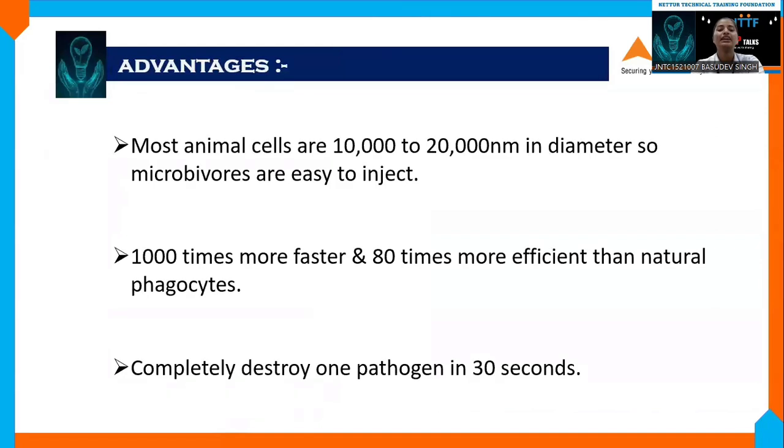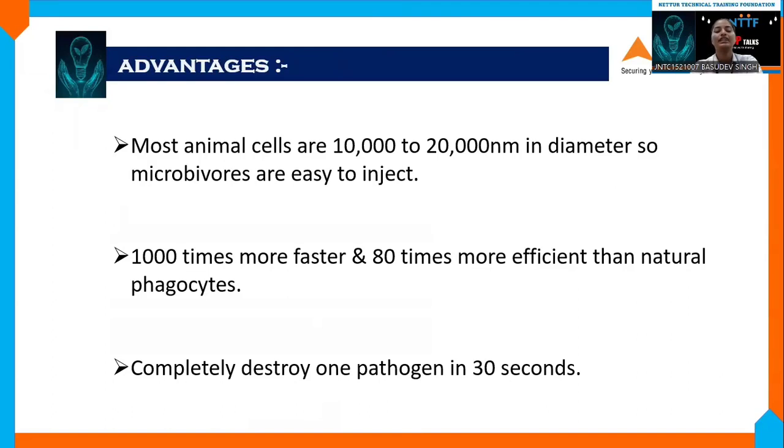Then the main advantage is that most animal cells, at 10,000 or 20,000 diameter, are easily injected by our microfibers. Means in normal animal cells, the diameter of the microfibers will be 10 to 20 nanometers.